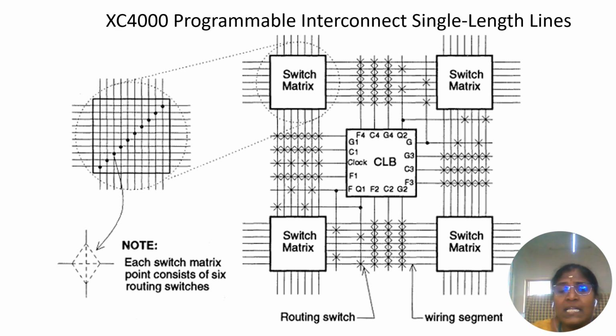It has single length lines. All these lines are single lines, connected to the configurable logic block with the routing switch. These connections we call a wiring segment. Each switch point consists of 6 routing switches.